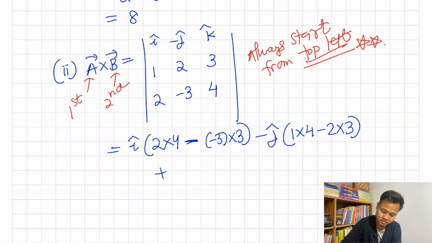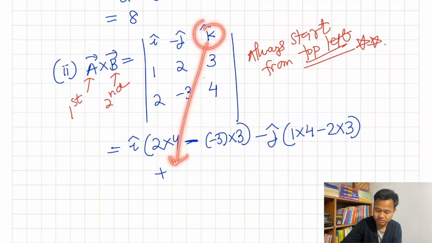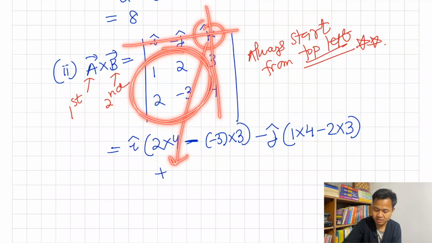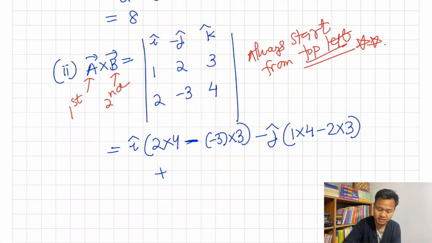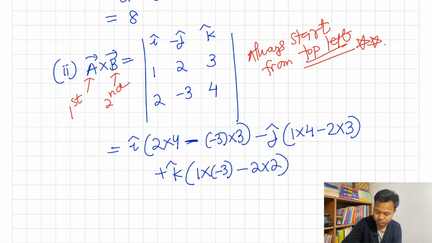Plus, now we take the third, k. Remove this, concentrate here, start from the top left. Same concept: 1 into minus 3 minus 2 into 2. Now you solve this.